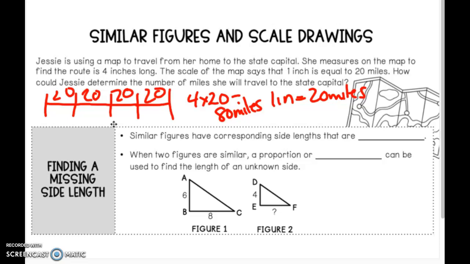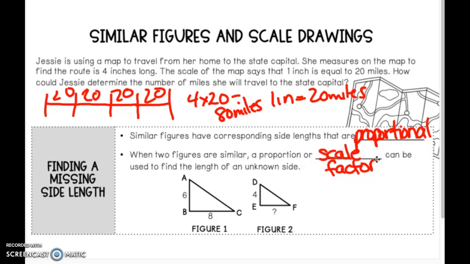So similar figures have corresponding side lengths that are proportional. When two figures are similar, a proportion or scale factor can be used to find the length of the unknown side.